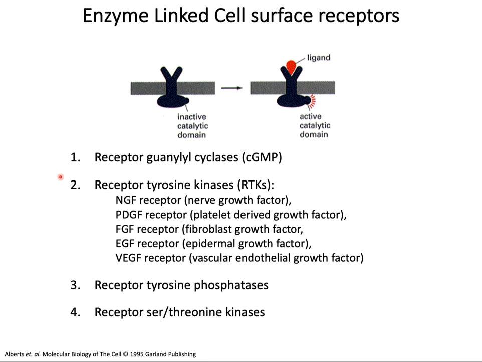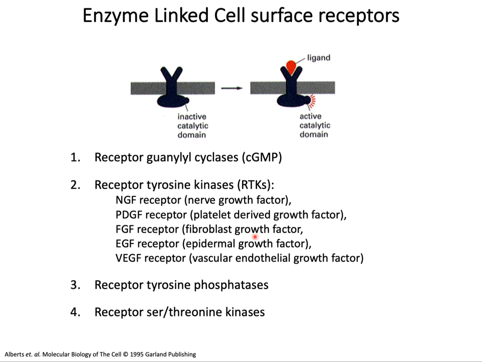Probably the largest subfamily of the enzyme-linked cell surface receptors are the receptor tyrosine kinases, and I have listed a number of them here: nerve growth factor, platelet-derived growth factor, fibroblast growth factor, EGF receptor, VEGF receptor. These are all plasma membrane proteins that have the capability of phosphorylating tyrosine residues, hence their name, tyrosine kinases.